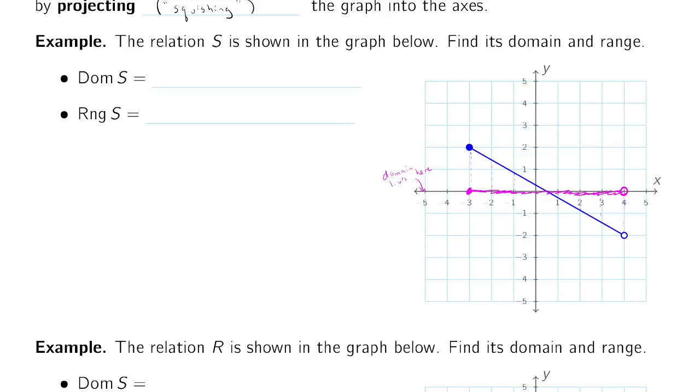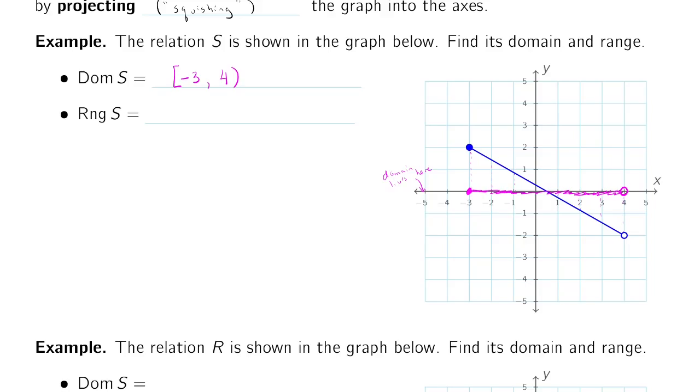Now looking at what we have in the x-axis, that's an interval, and so we can describe that in interval notation. We start at -3, which has a filled in dot, so that's a square bracket. We go to +4, which has an empty dot, so that gets a round bracket. So that's how we find the domain.